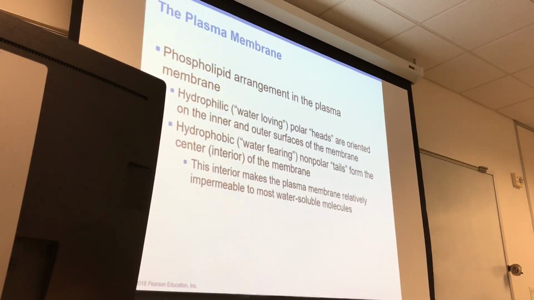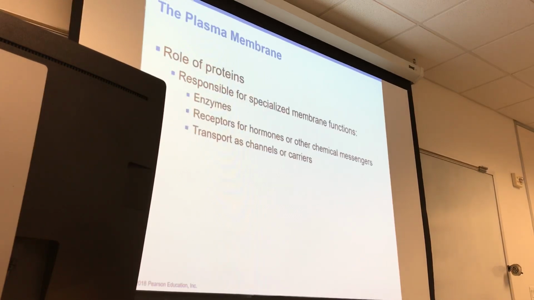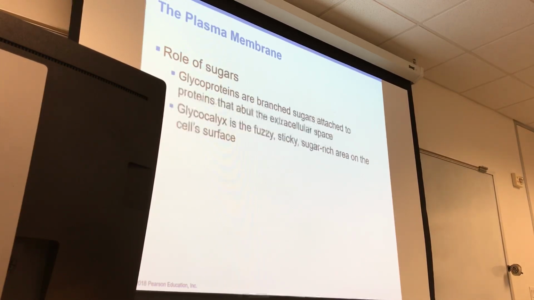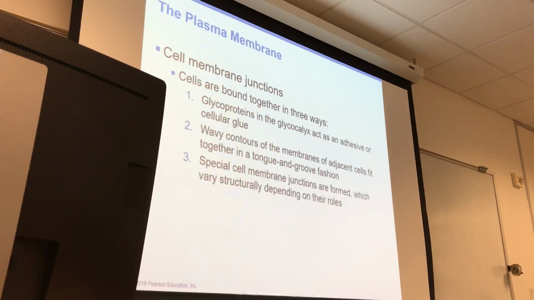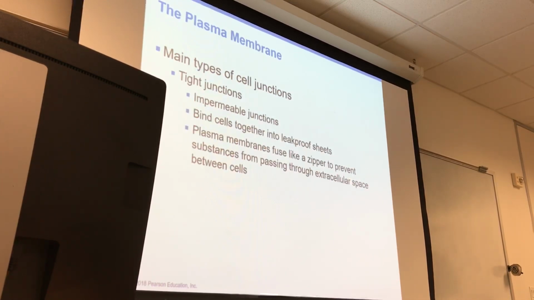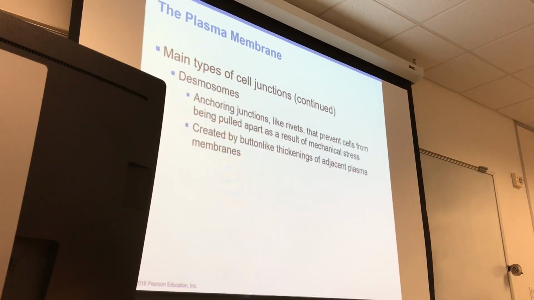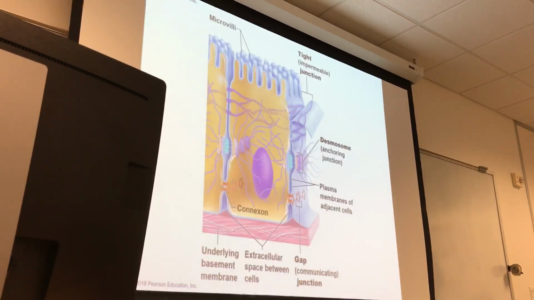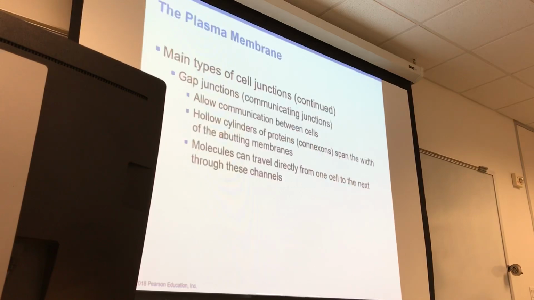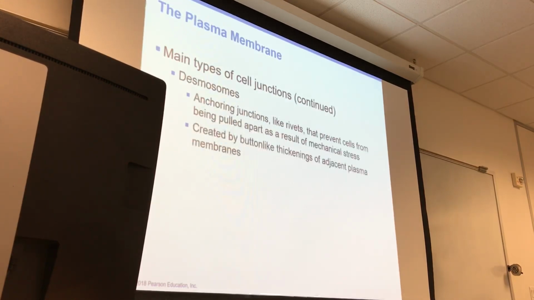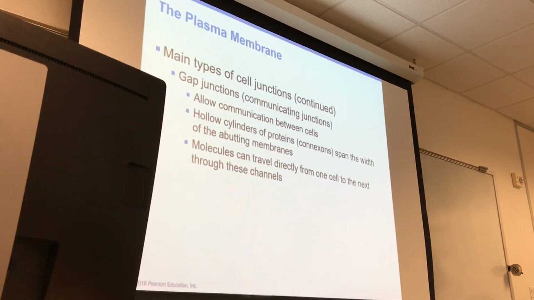So we've already talked about hydrophilic and hydrophobic, the role of the proteins, the role of the sugars. These next 3 slides I'm going to utilize this picture to show you the difference between tight junctions, desmosomes, and gap junctions.